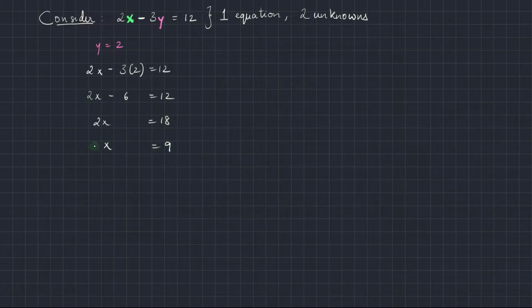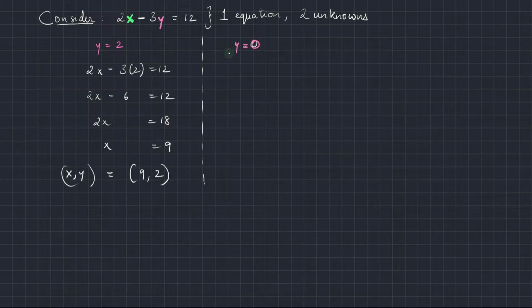Therefore, we have a solution in ordered pair form, x comma y equals 9 comma 2. This means that when x is 9, y is 2. But this is just one of the solutions. And we got this because we fixed y equals 2. Let's say we had fixed y equals some other number, y equals 0.